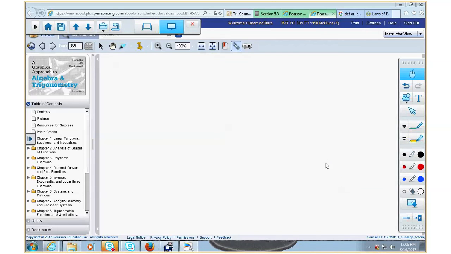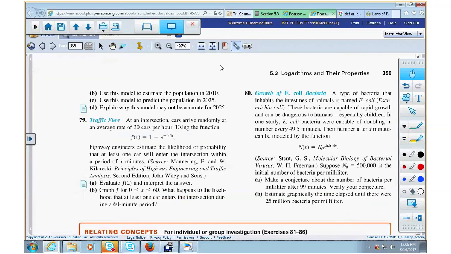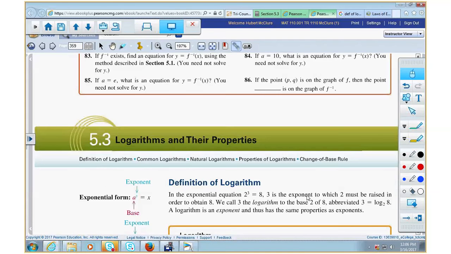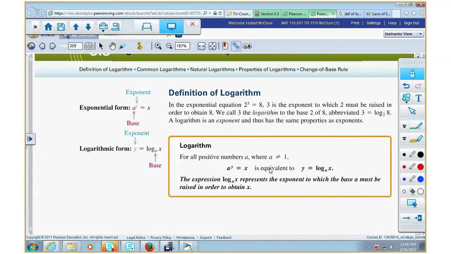The first thing they're going to start with is the definition of logarithm. Golly, look at there. And there it is. Now make sure you memorize this thing, because if you don't, you're going to be SOL on the test.